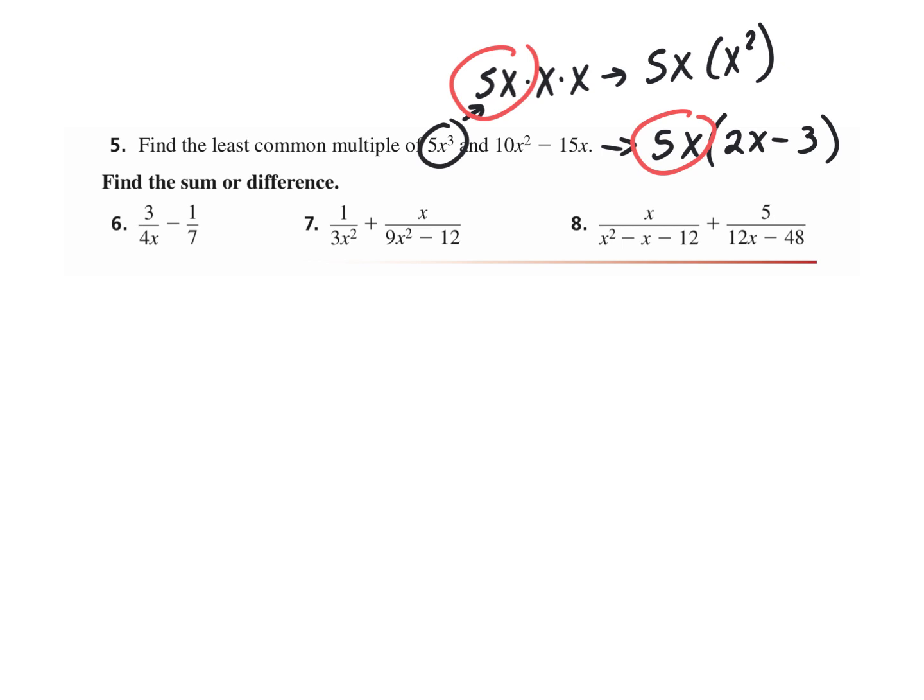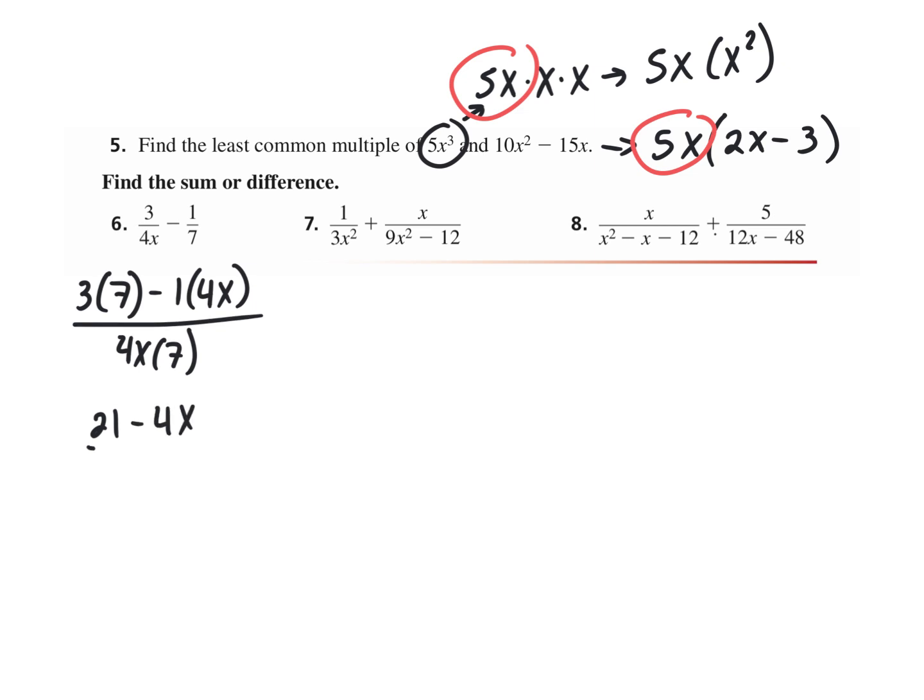Now for 6, 7, and 8, they want us to find the sum or the difference. So I'm going to go ahead and cross multiply like we have been doing. So I'm left with 3 times 7 minus 1 times 4x, and then 4x times 7. I'm going to go ahead and do 7 times 3 is 21, then minus 4x over 28x.